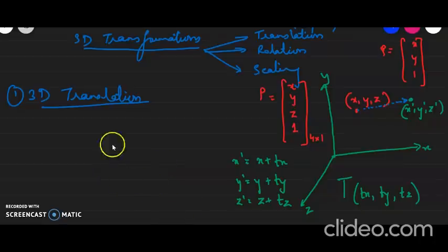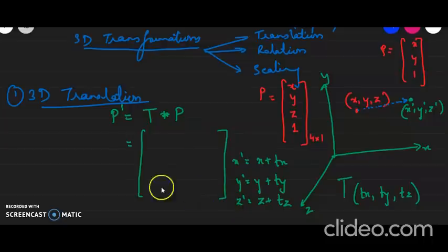Okay. Now how do we write the matrix? So the formula goes like P dash is equal to T multiplied by P. As we are using homogeneous coordinates, everything will be multiplication. The homogeneous description is already given to you and you know about it. Okay, so we just write down the matrix, right?